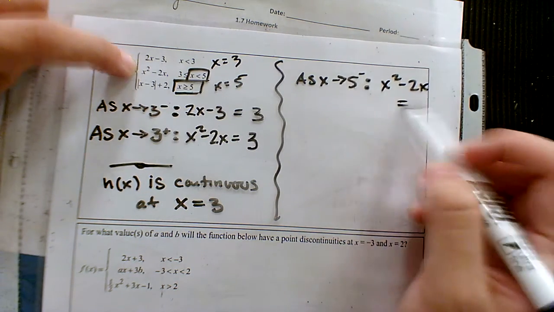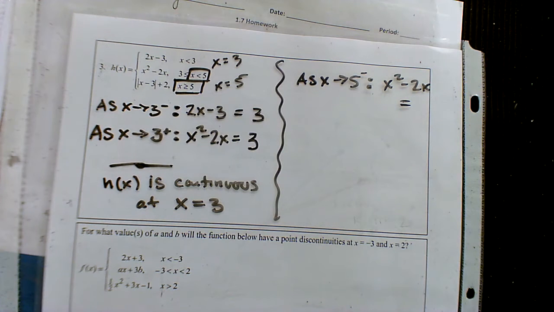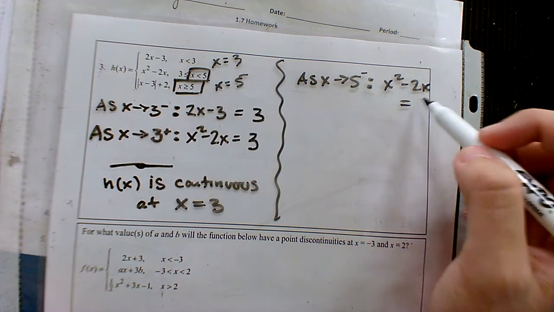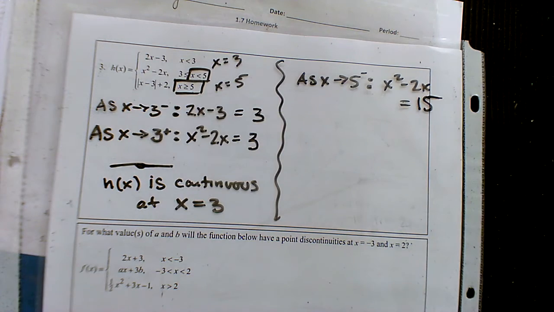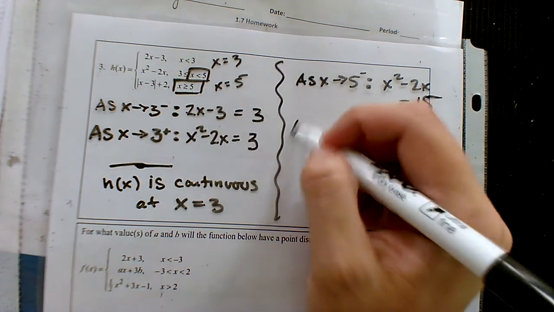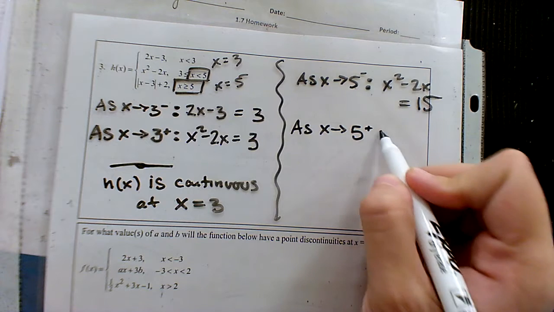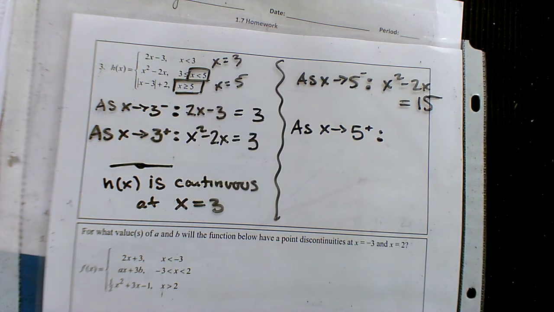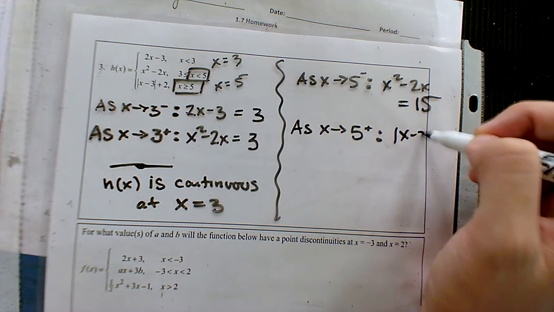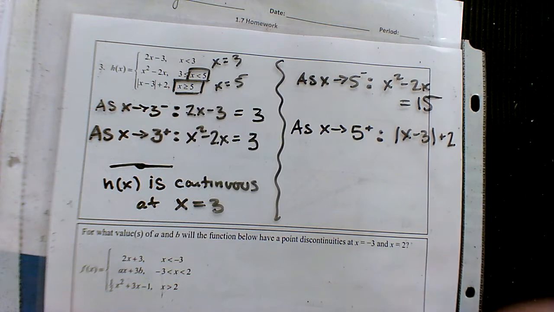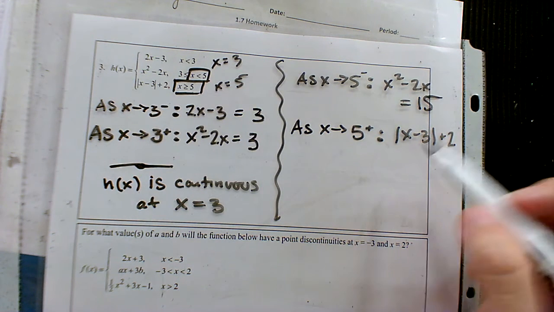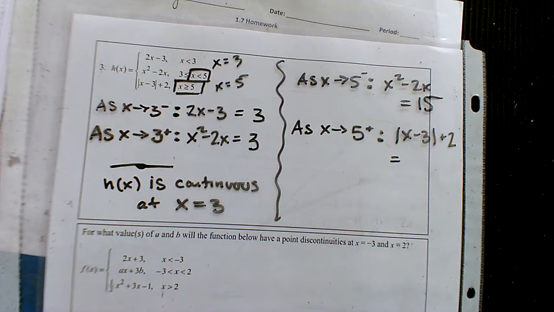If we plug in 5, we'll get 25 minus 10, which would be 15. Let's check out the right-hand side. That would be our absolute value. If we plug in 5, we'll get 2 plus 2, which is 4.